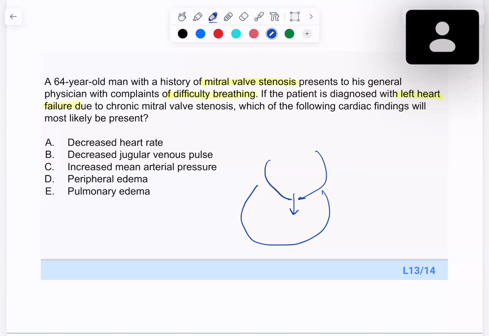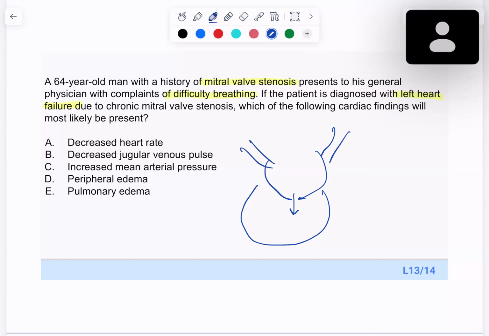E, pulmonary edema. Okay. Any other answers? Excellent. The answer is E, pulmonary edema, because you have to remember that what empties into the left atrium is the lung.